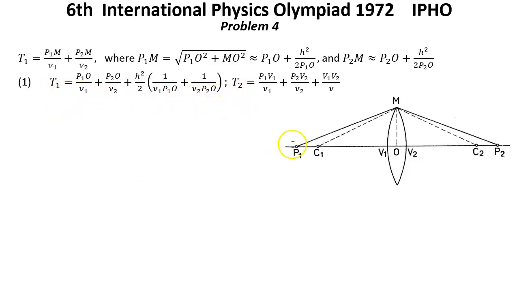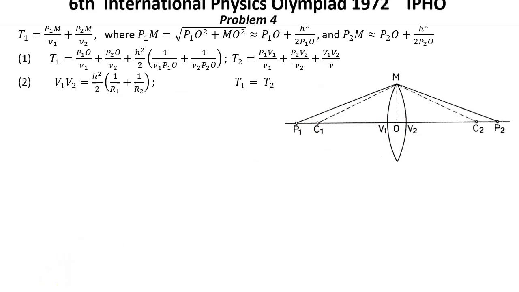And T2, the way from P1 through the optical axis, will be P1V1 over nu1 plus P2V2 over nu2 plus V1V2 over nu. From the same approximation we have V1V2 equal H squared over 2 multiplied by 1 over R1 plus 1 over R2. And because T1 equals T2, we can equalize them and get such a result.